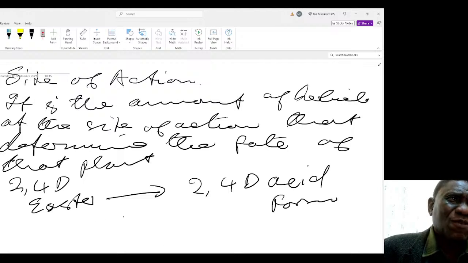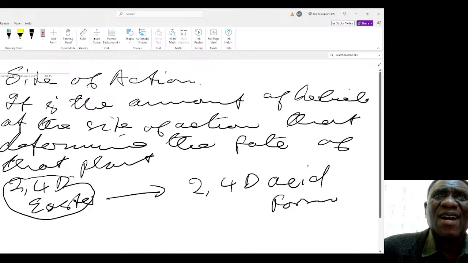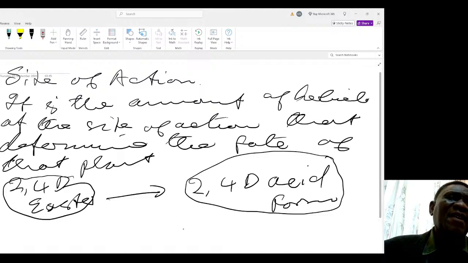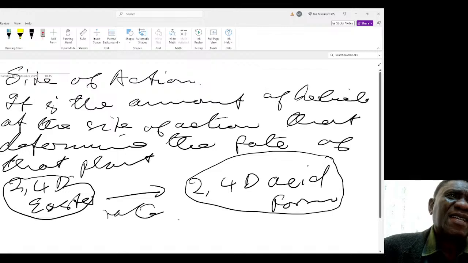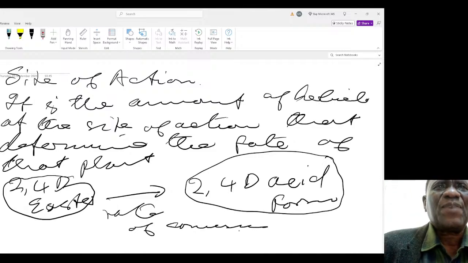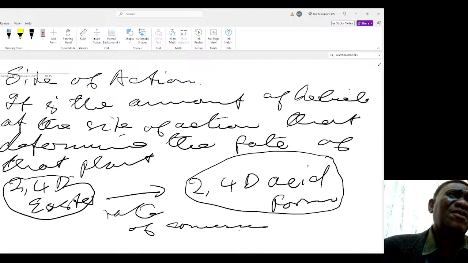However, it is the rate of conversion from this form to that form which determines whether the plant is going to survive or not. If the rate of conversion is very high, it means there's going to be a lot of 2,4-D moved to the site of action, and the plant is going to be killed.